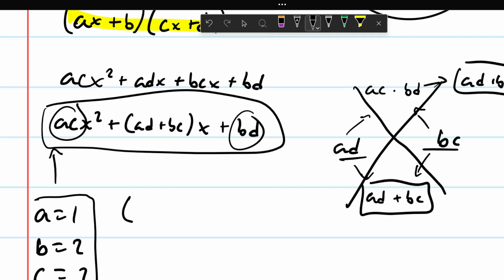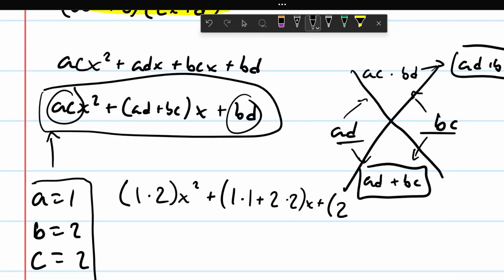What it would be like is 1 times 2 x squared plus, a, which is 1 times 1 plus 2 times 2 x plus b times d, which equals 2x squared plus 5x plus 2.